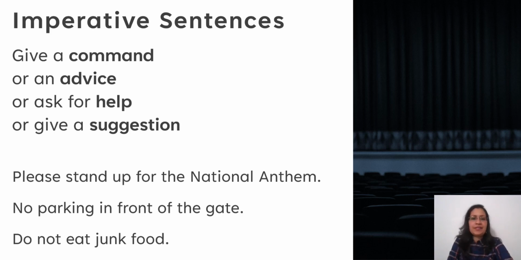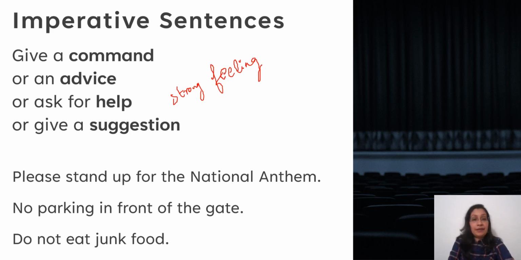An imperative sentence is one which expresses some kind of a feeling. We have different kinds of feelings, and there is a tone which is expressed in a sentence. It expresses some kind of a strong feeling.